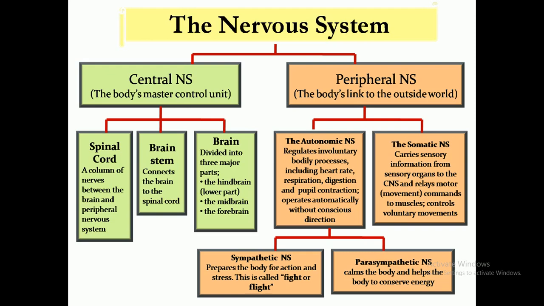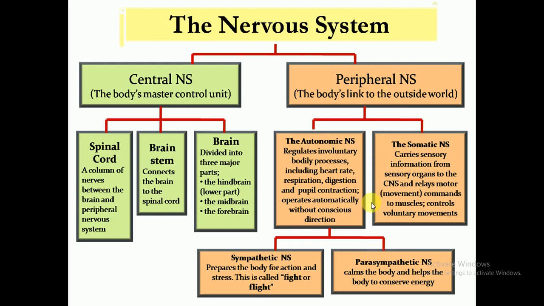The autonomic nervous system regulates involuntary body processes, including heart rate, respiration, digestion, and pupil contraction, which operate automatically without conscious direction.